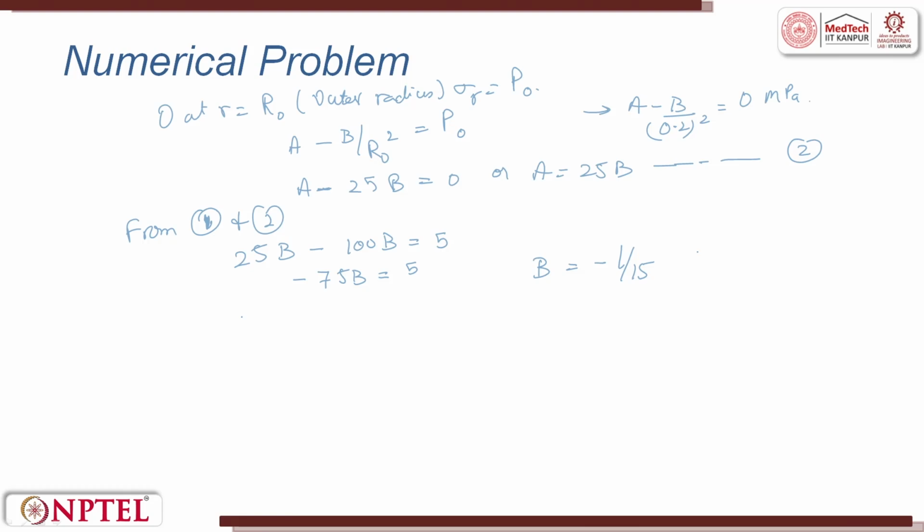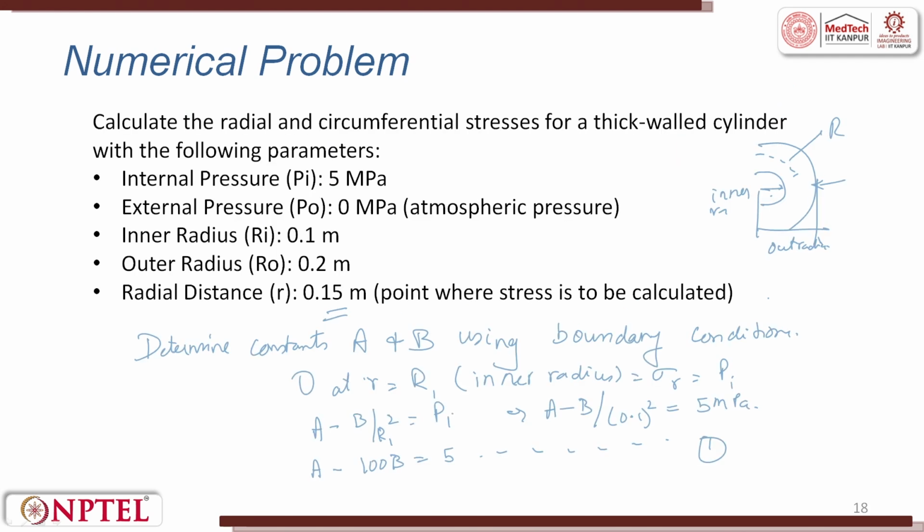Now when we try to calculate A, which is nothing but 25 into minus 1 by 15, B equal to minus 1 by 15, and then you start substituting B in A. We get A equal to minus 5 by 3, which is nothing but minus 1.67 MPa. So by doing so, we are able to calculate the radial and circumferential stress for a thick wall cylinder.